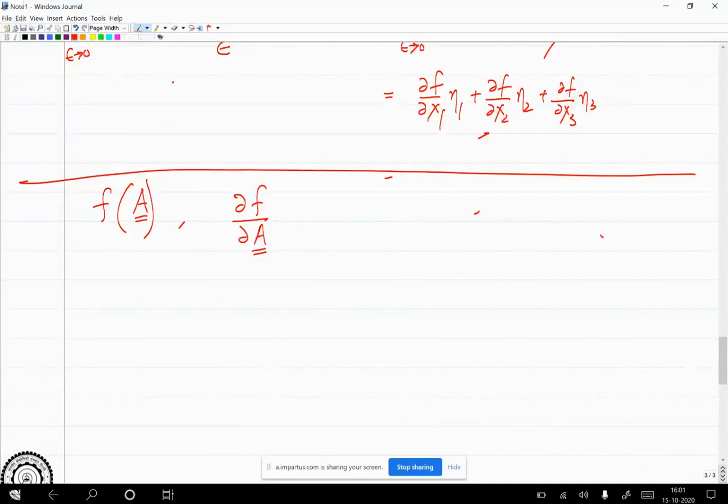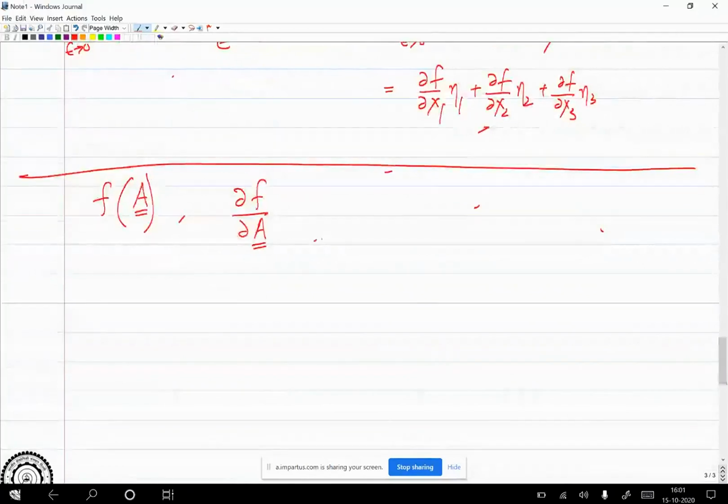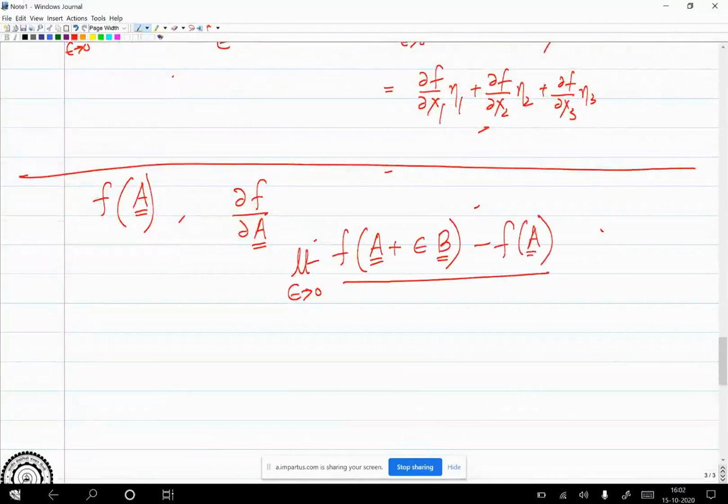Limit epsilon tending to 0 f of A plus epsilon into some B minus f of A divided by epsilon and equate it to del F over del A and double contraction with B. So left hand side you evaluate it and write it as some tensor double contracted with B, whatever is here. Then that some tensor is your del F by del A.